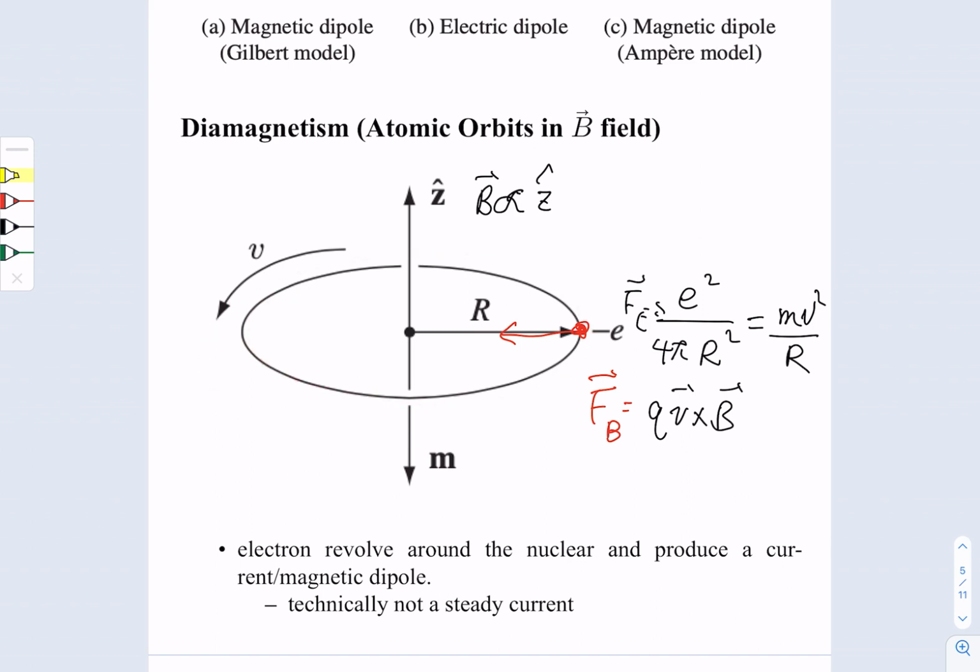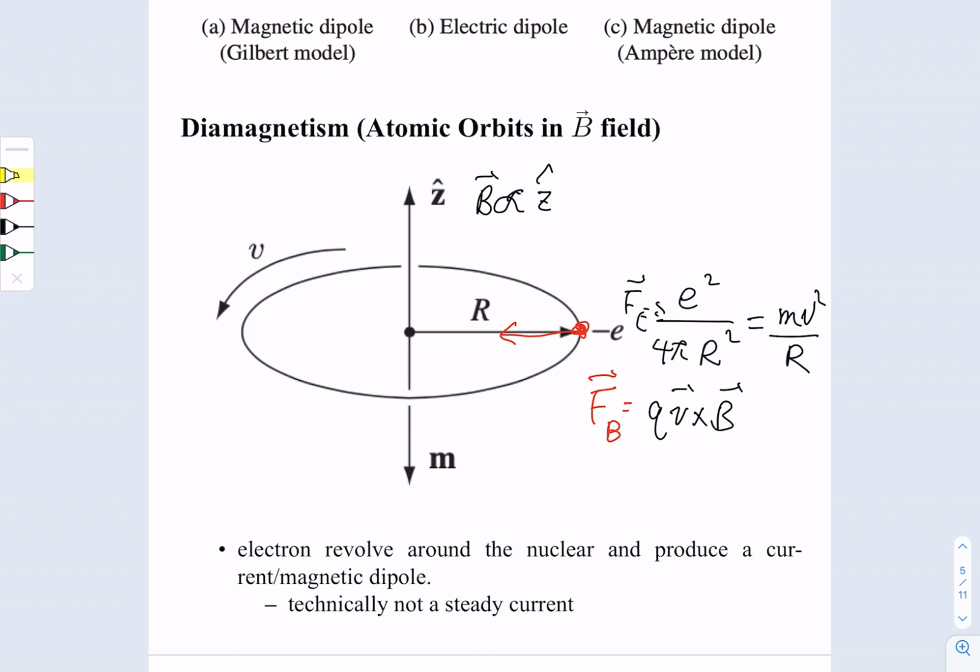So now if you add a magnetic field, the centripetal force will point outwards, so it will reduce the centripetal force, and in this case, the total velocity will be reduced.